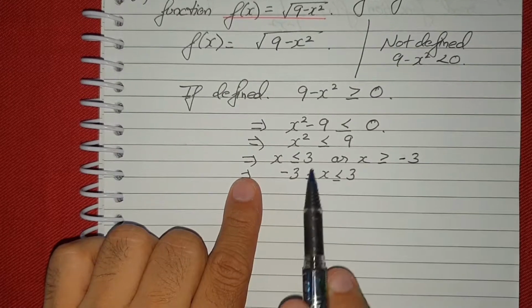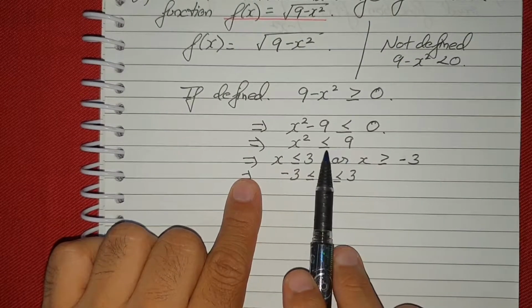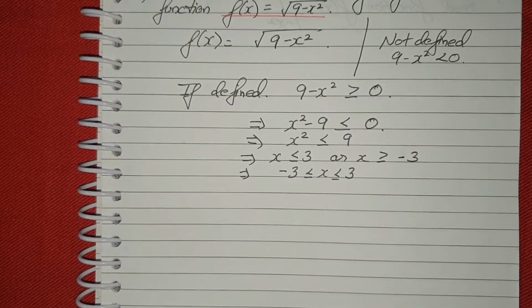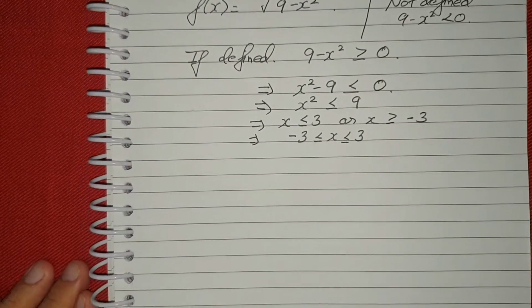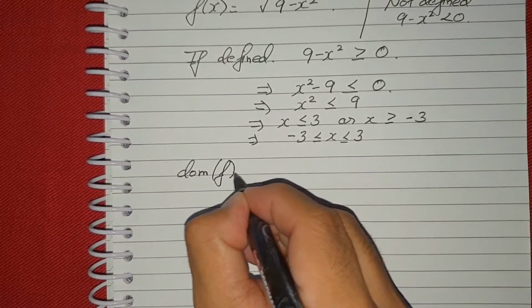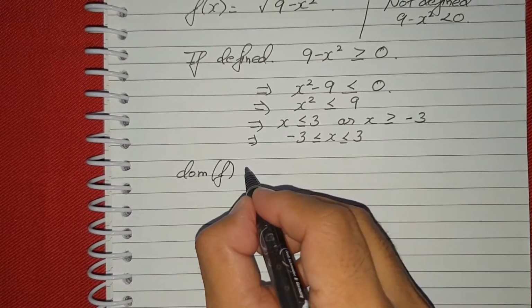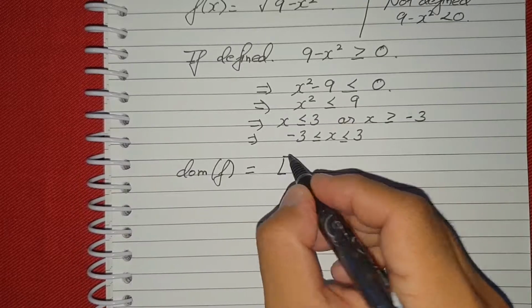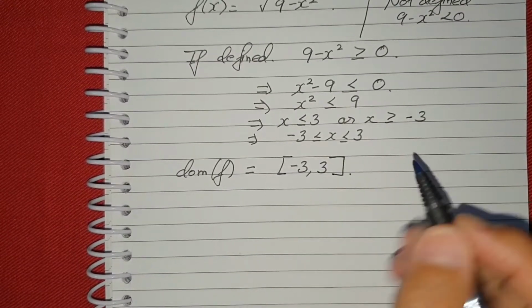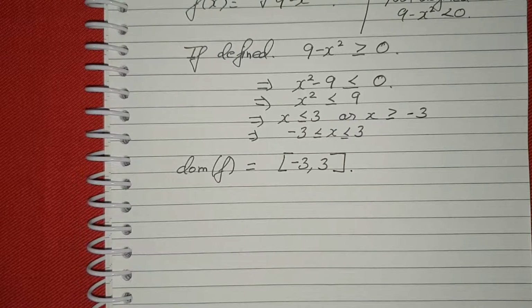Again, if it is minus 4, this will again become 16, which is not less than or equal to 9. So x lies between minus 3 and 3. So this is the domain of f. The domain of f equals [minus 3, 3].